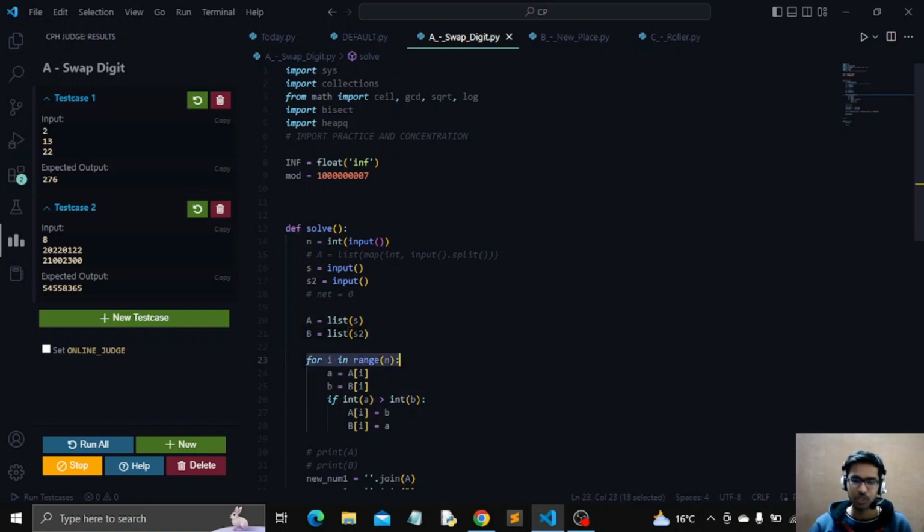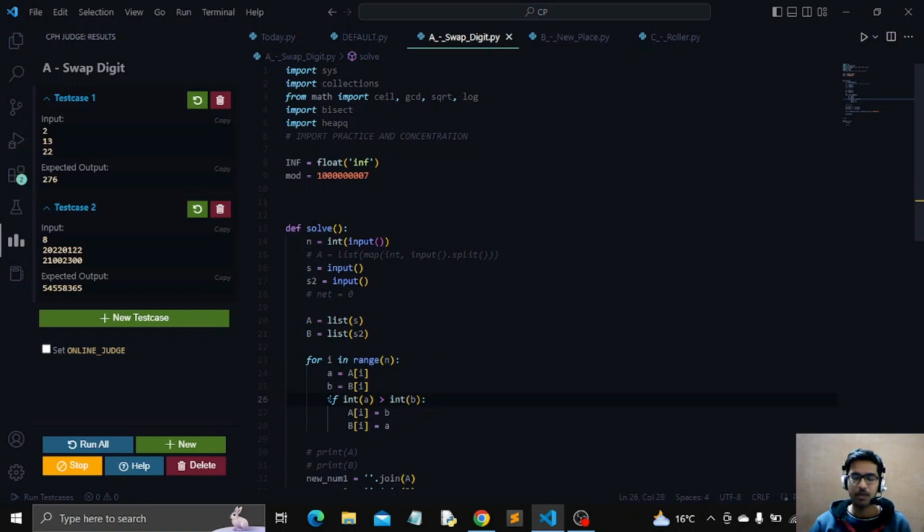iterate through n positions. While iterating through n positions, we are trying to make our integer a as low as possible and integer b as large as possible, so that after performing operations the product of those two integers will become very low, and that will be our answer.